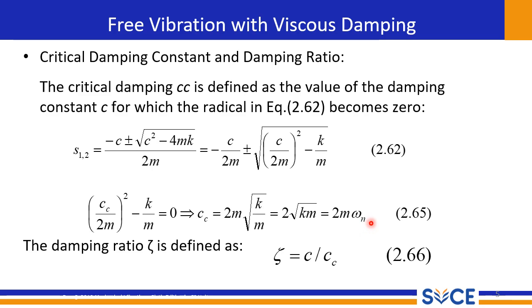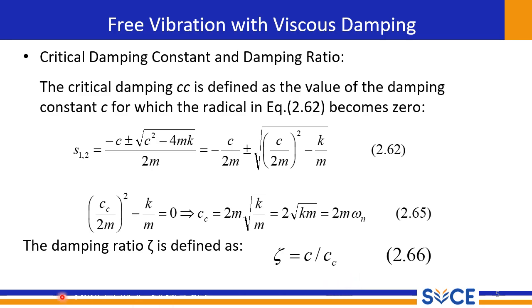Think of it this way: critical damping is the sweet spot. It's the minimum amount of damping needed to prevent the system from oscillating. With any less damping, the system will oscillate. With any more damping, the system will return to equilibrium more slowly.